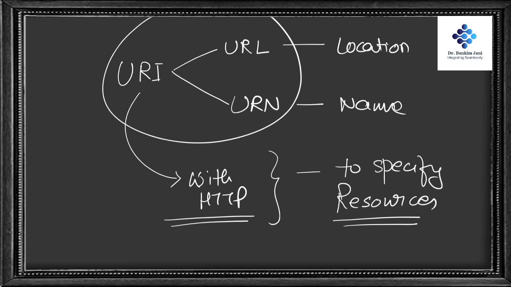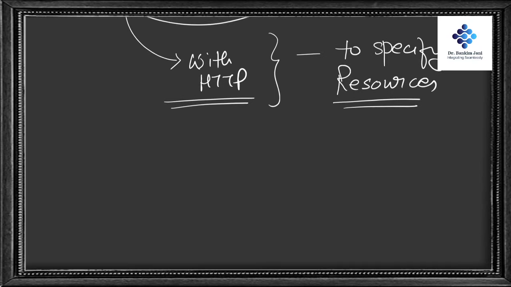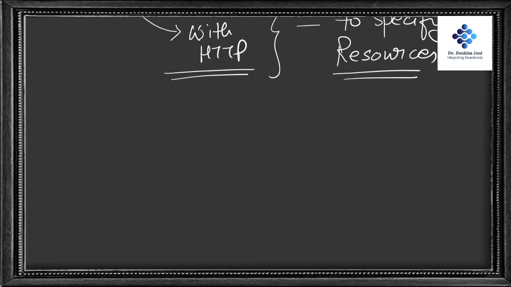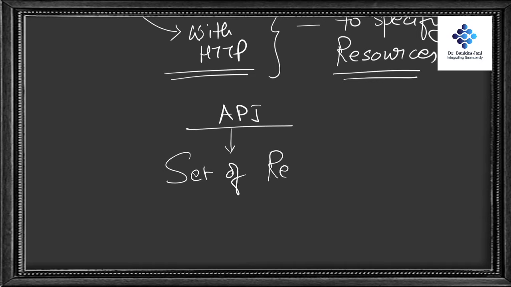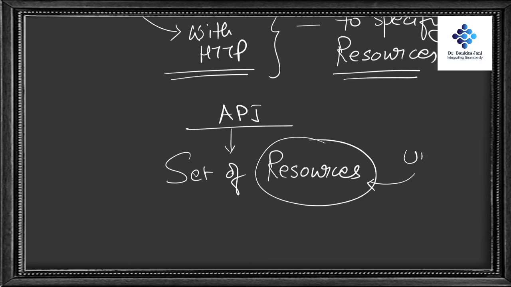It is like you are specifying everything very clearly: where exactly, how to locate, how to reach that. So that's what was in an API, because it was nothing but a set of resources. Every variable is like a resource, and for each resource you have attached a URI. Thus you are defining it very specifically.